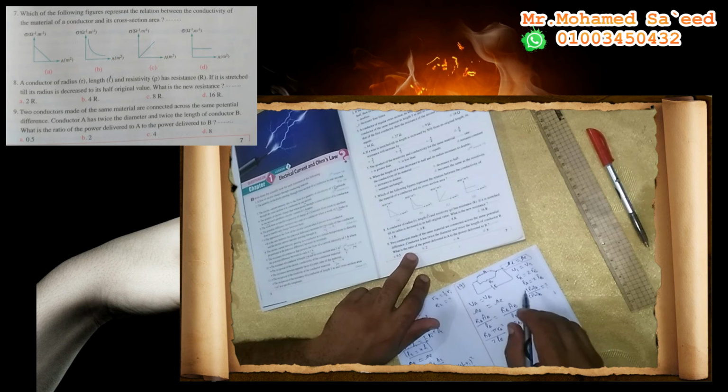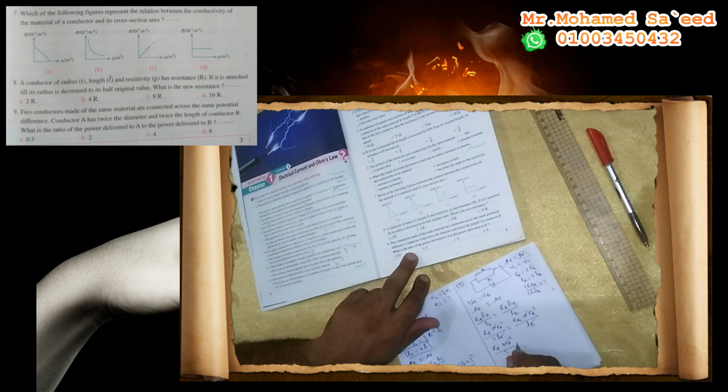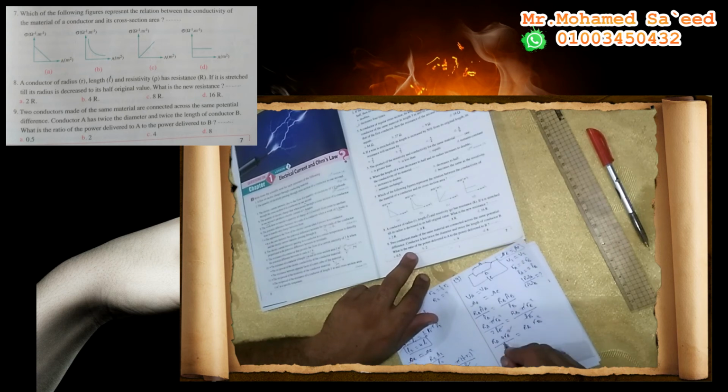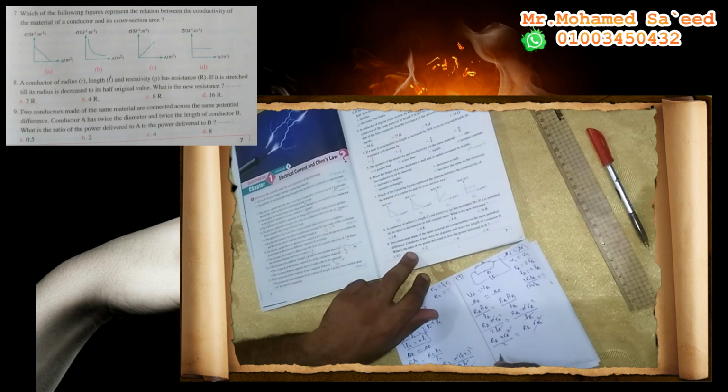And RA we can replace with 2RB. RB square over LB cancels with LB, pi cancels with pi. RA square we can replace with 2RB all power 2, 4RB square over 2 equals RB square over 1. RB square cancels with RB square. So RA equals RB.